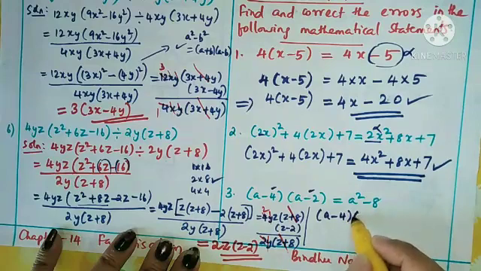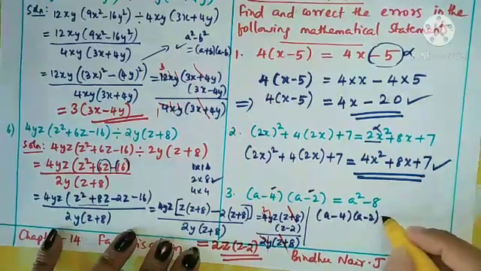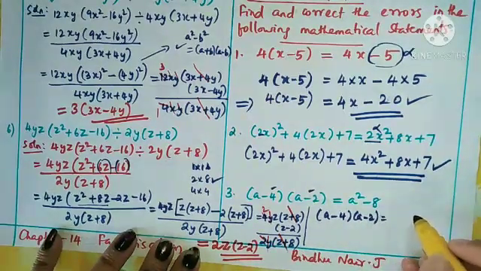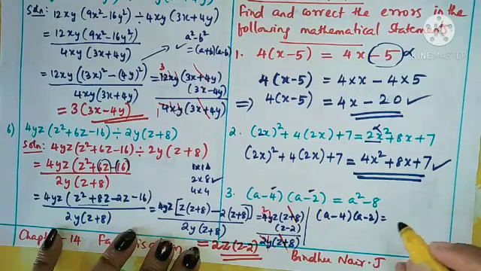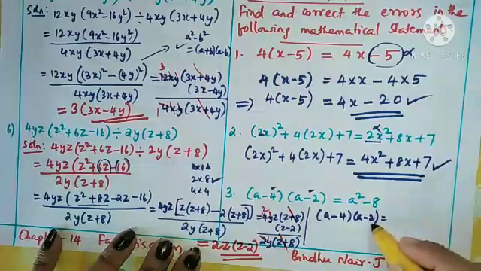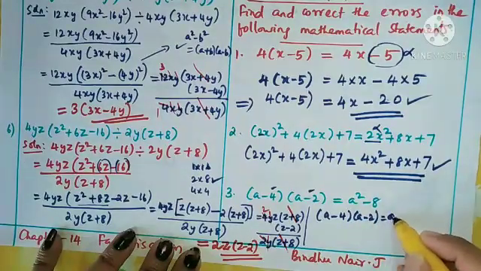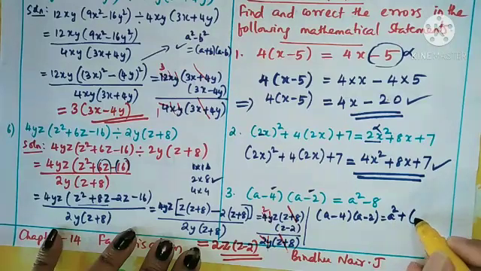(a − 4)(a − 2). What is the right hand side of the identity? x² + (a + b)x + ab. So here x is a. So a² + (a + b), that is (−4 + −2) into a, plus ab. ab means −4 into −2.